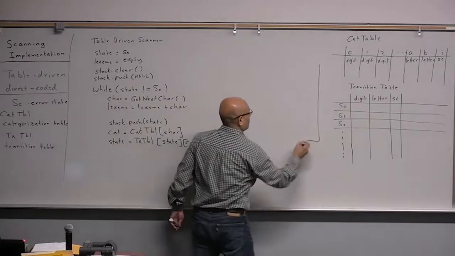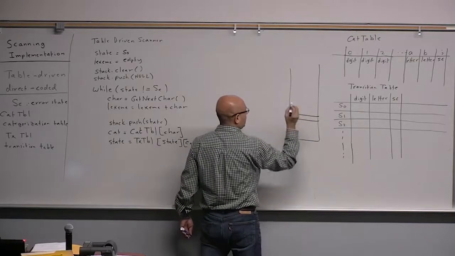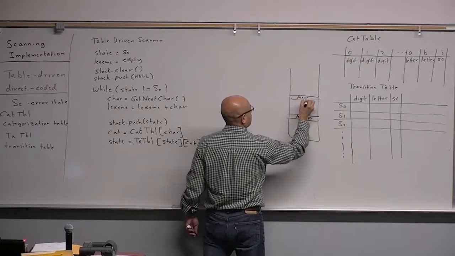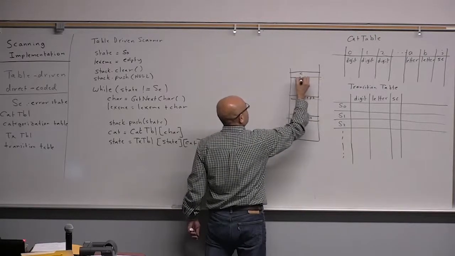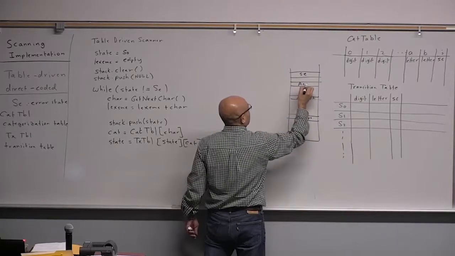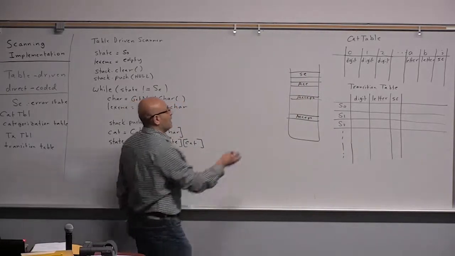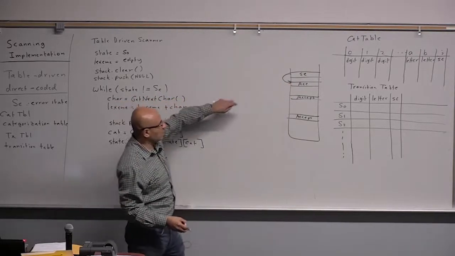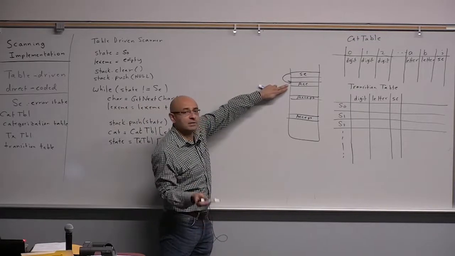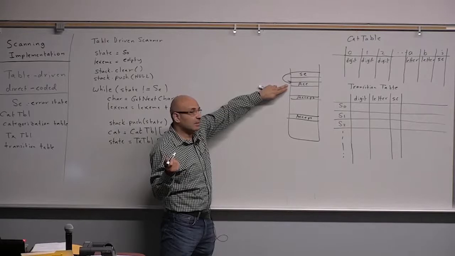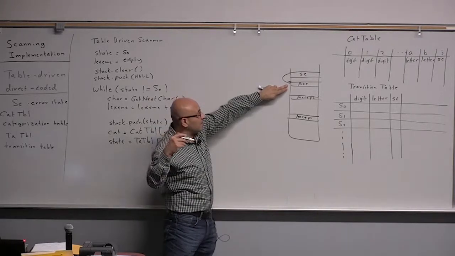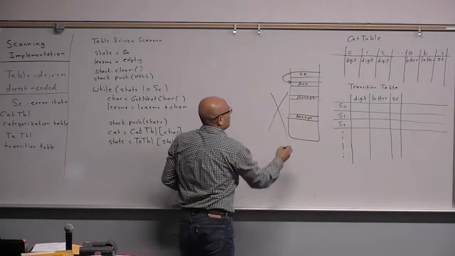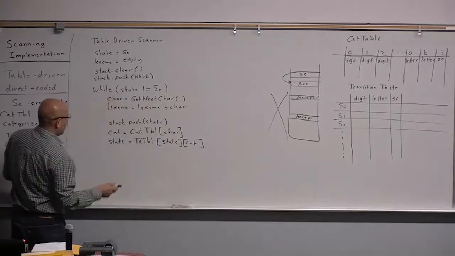So this is your stack: an accept state, accept, accept, and this is SE. When you roll back, you want to roll back to the last accept. So you don't want any of the earlier ones. Once you get to an accept state, you no longer care about the accept states before it. You always pop the states until you get to the last accept state. So you don't need these, and that's why you can clear the stack.